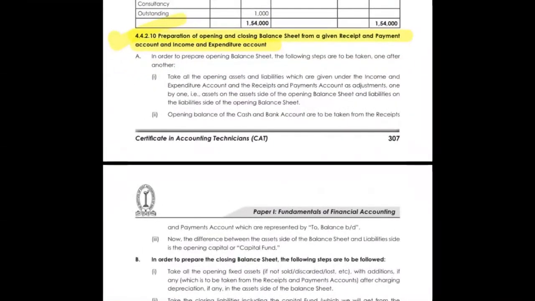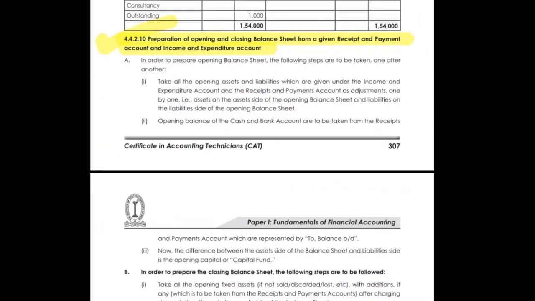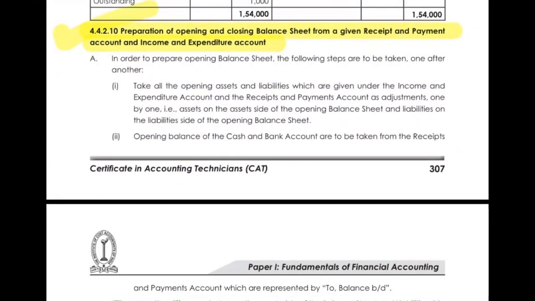Right now, what you can do, I'm giving you 10 minutes. Just read out this information which I have asked you for the theoretical questions. You have 10 minutes, just read it out.